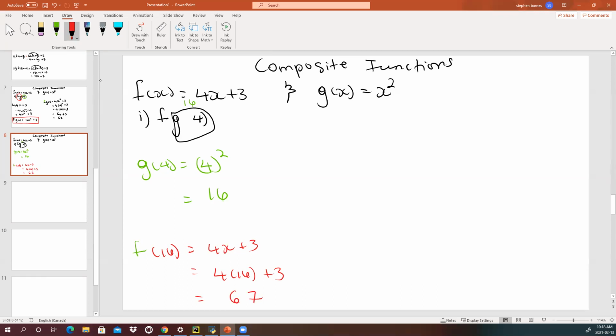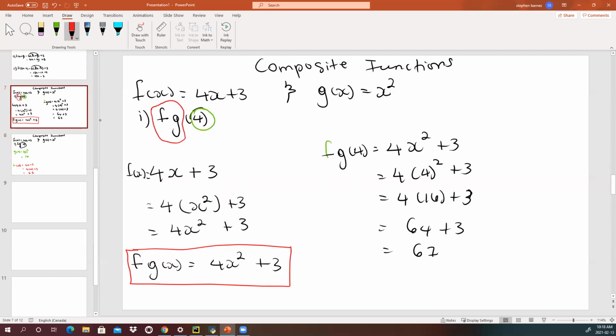Now, again, it's just a matter of preference. The reason I prefer to work it the first way is because a lot of questions will give you two functions. Part one would say, for example, find f of g. Part two would say find g of f.